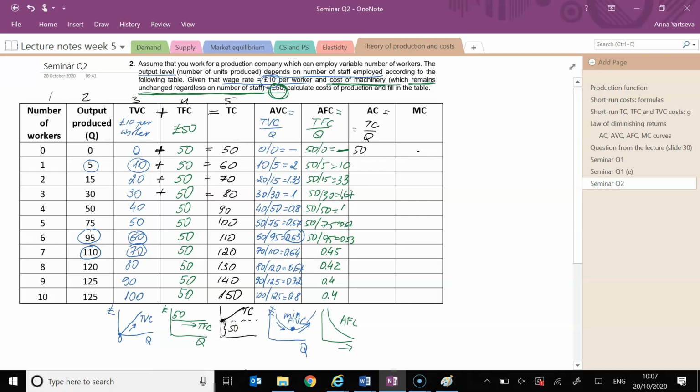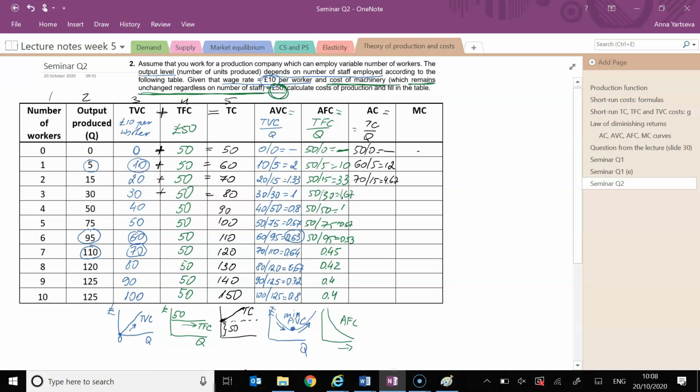So it will be 50 divided by 0, can't be calculated. Next, 60 divided by 5: 60 pounds spent to produce 5 units, 12. Next, spent 70 pounds to produce 15 units, 70 divided by 15 is equal to 4.67.